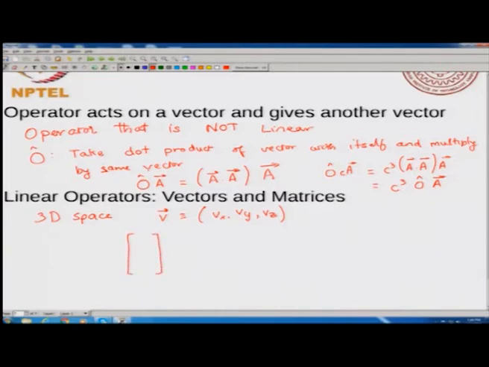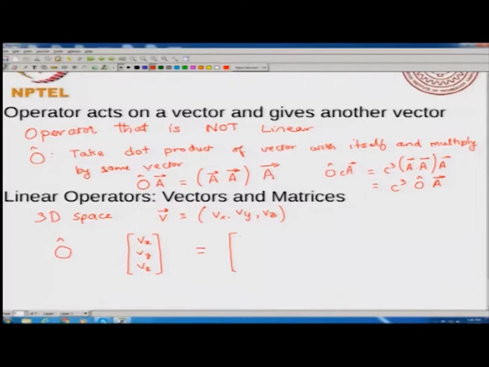I will write this as a column vector, Vx, Vy, Vz, and I have my operator here, and that gives me some new vector.